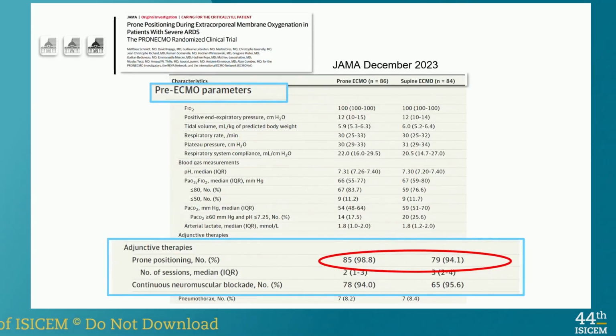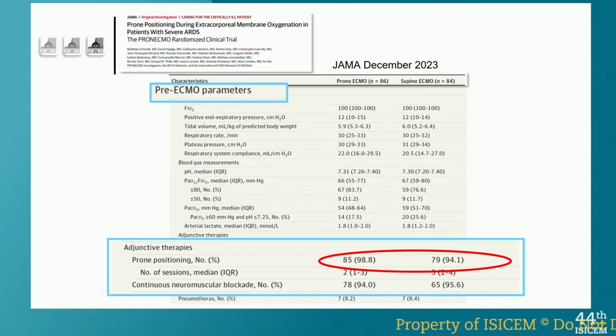One of the specificities of the PRONE ECMO trial is the very high rate of prone positioning before ECMO. It is a very high rate, which is great, because it means the guidelines of ARDS management were strictly followed, but it may also be explained by the time period of the study.